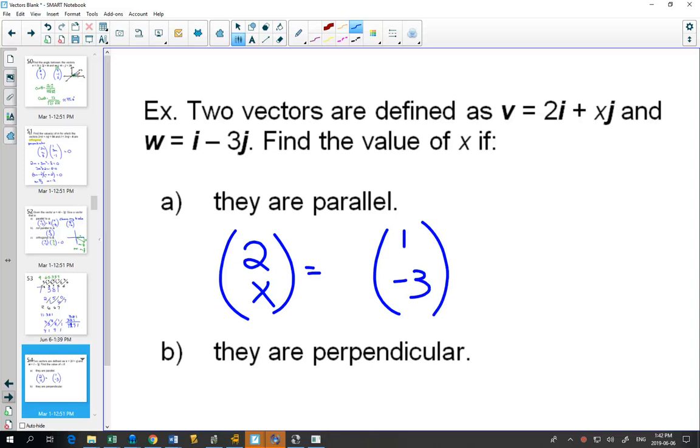If they're parallel, then there's some value of k that makes this true. What would k have to be? K would have to be 2. If k is equal to 2, what does that make x? Negative 6.